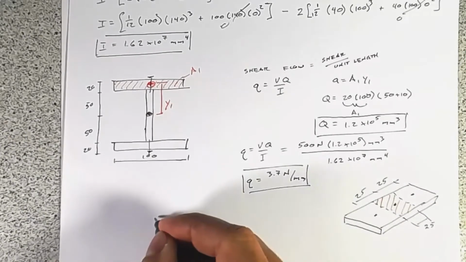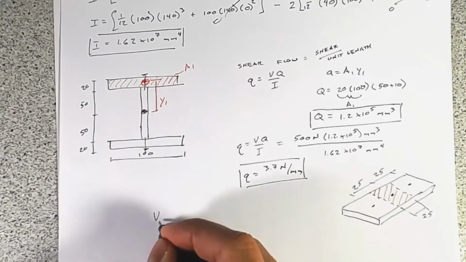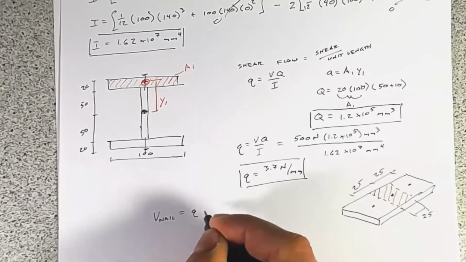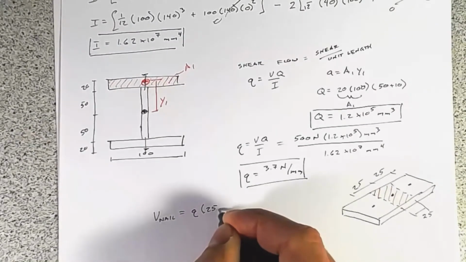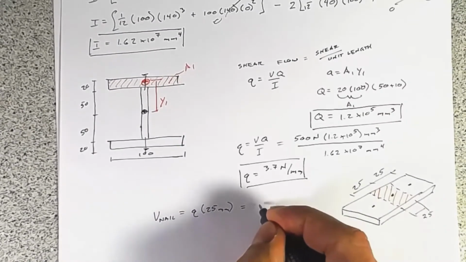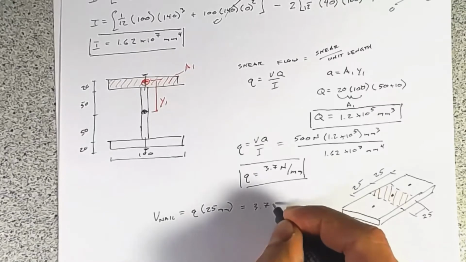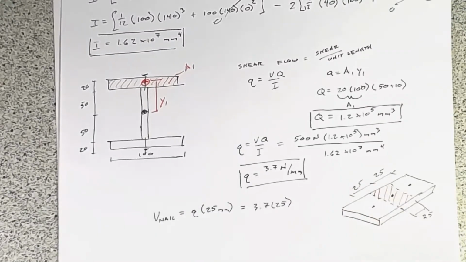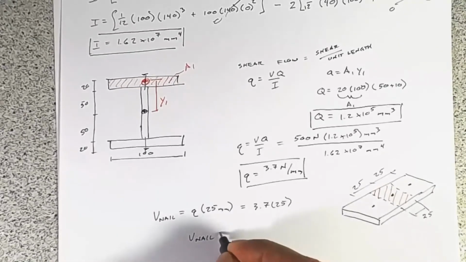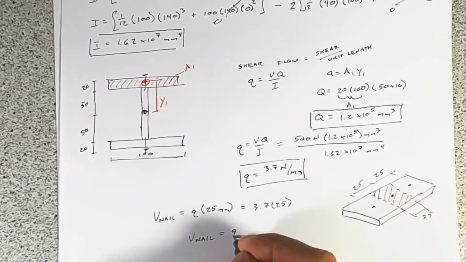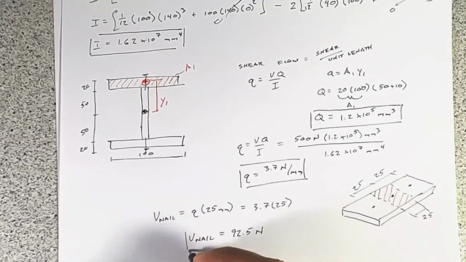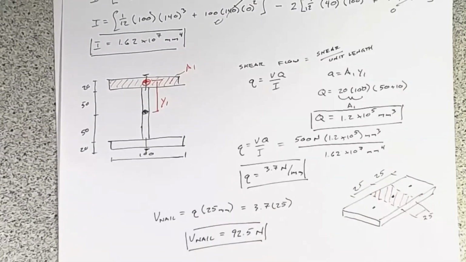So the shear per nail, V nail, equals q times 25 millimeters, and that equals 3.7 times 25, and we get V nail equals 92.5 newtons.